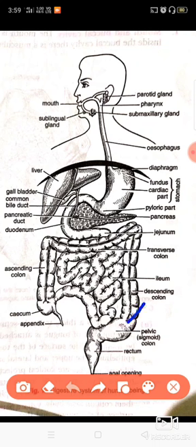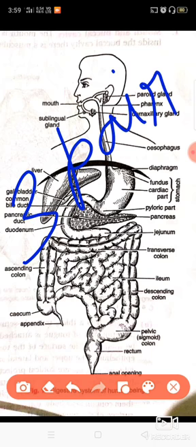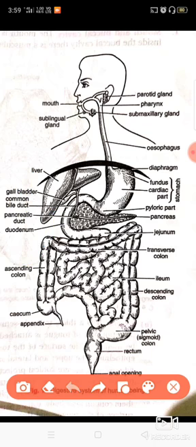One question comes in your board examination: how many salivary glands are there in your mouth? There are three pairs of salivary glands. Don't forget this, three pairs. Why is it like this?